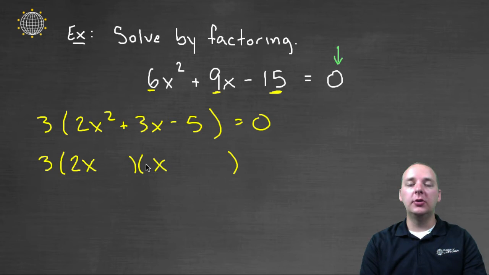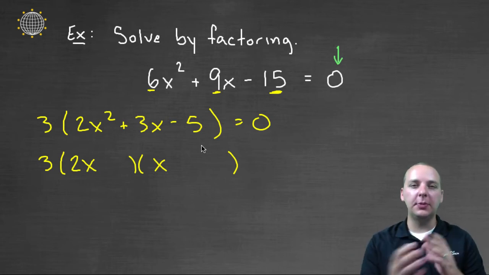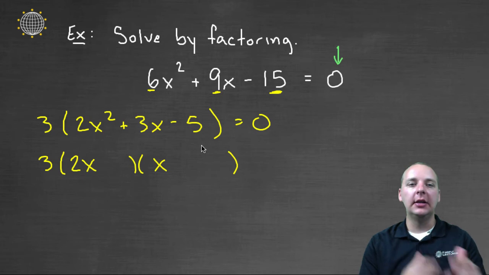And so I know those are going to be my leading terms. And then the ending term is negative 5. And the only thing that multiplies to 5 is a 1 and a 5. So it'll either be a 1 and a 5 or a 5 and a 1, possibly with different signs. But we need the signs to be right so that we get a positive 3x for our middle term here.